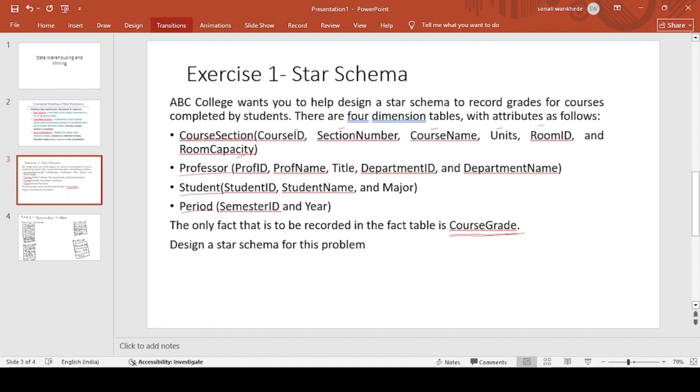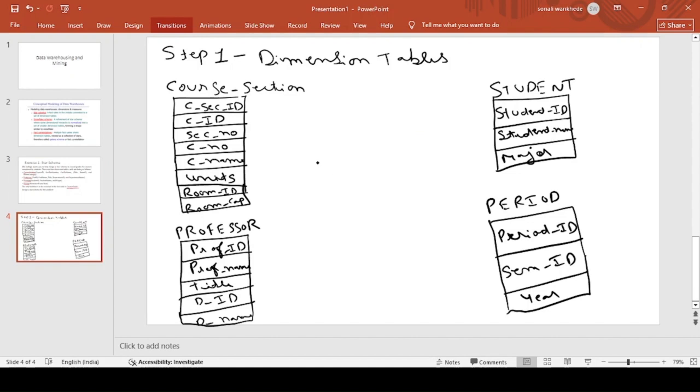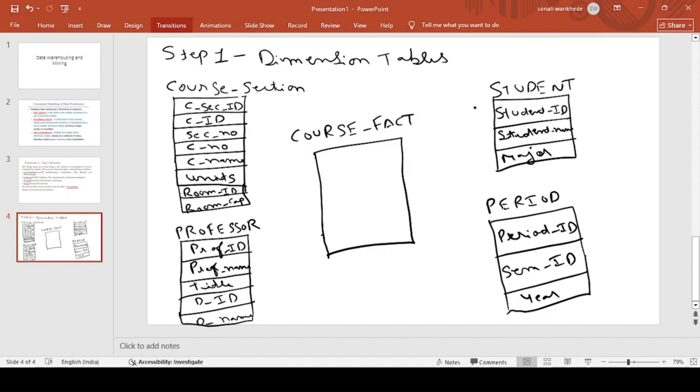We require a fact table. So we know as per the definition that a fact table is always placed at the middle. So in the center, I'm going to create a fact table here. Let us name it course fact. What I will do here is that all the primary keys placed in these dimension tables, like course section ID, professor ID, student ID and period ID, I can write inside this fact table.